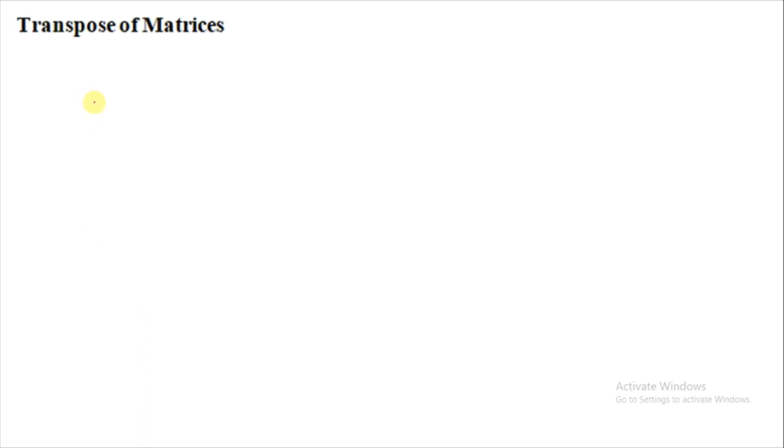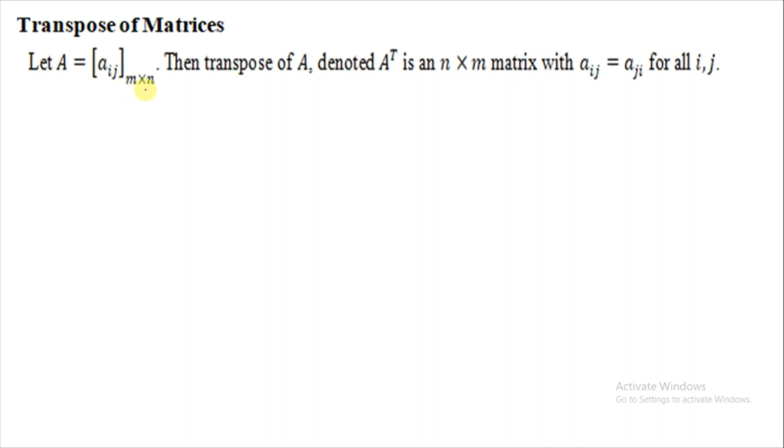Now, the transpose of matrices. Let A be an m by n matrix. The transpose of A, denoted A transpose or A power T, is an n by m matrix. A is m by n, and you get the transpose as an n by m matrix. That means Aij is transferred to Aji for all i, j.